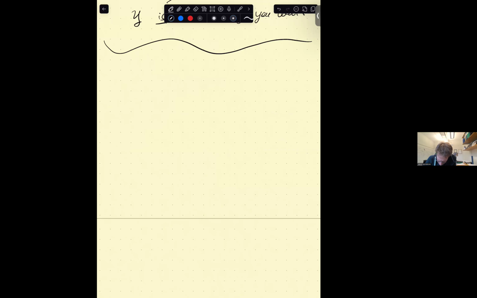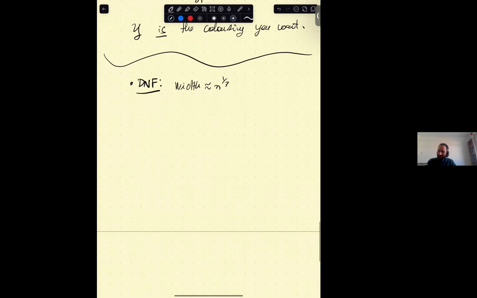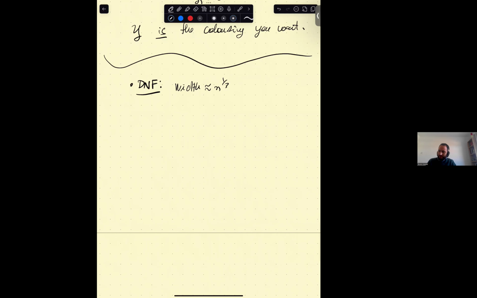You're going to approximate with monotone DNF, as we discussed. The DNF is going to have some width, like n to the 1/3 more or less, which comes from the limitations of the sunflower bound.